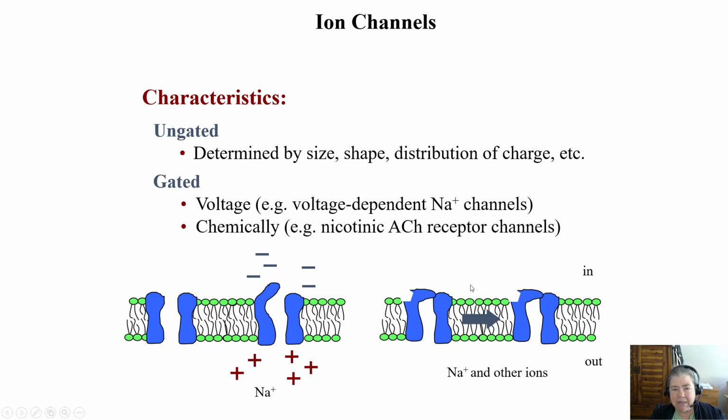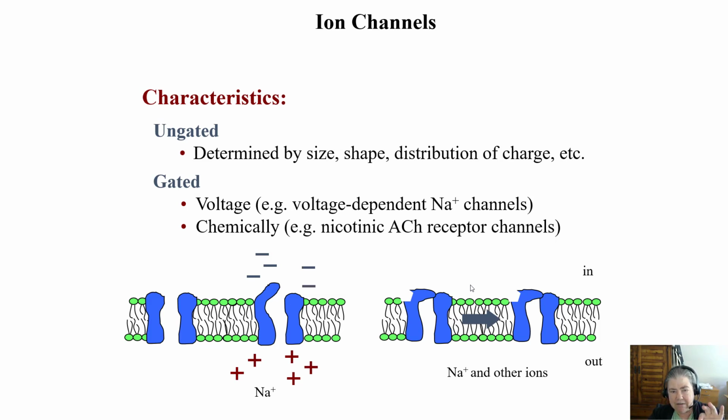There are also chemically gated channels. Many of these are triggered by things like neurotransmitters. So there are acetylcholine receptors, nicotinic acetylcholine receptors, and we'll talk a lot more about these later.